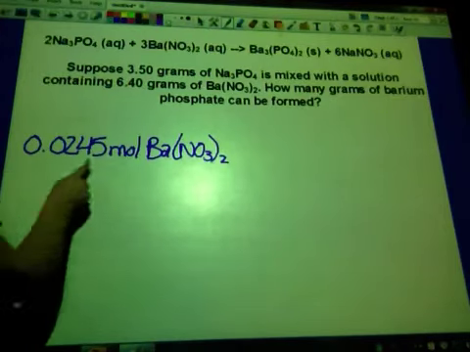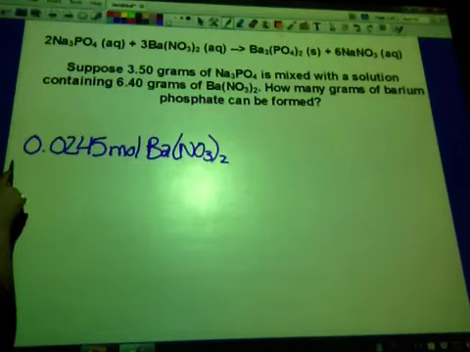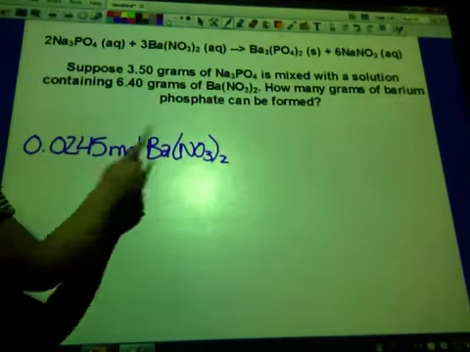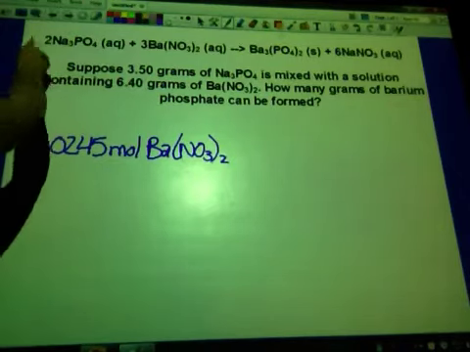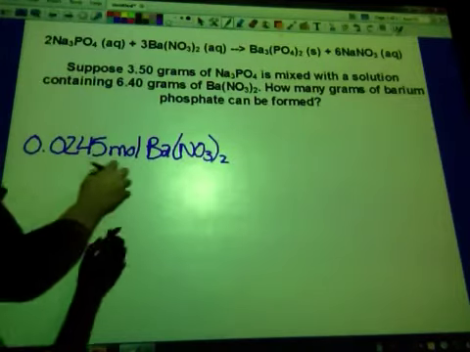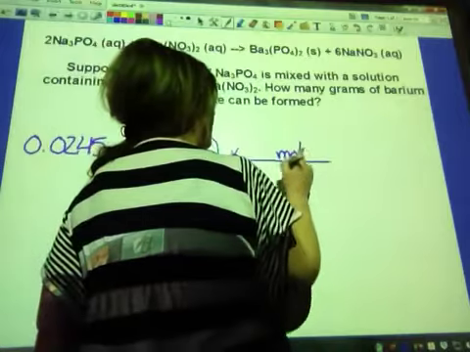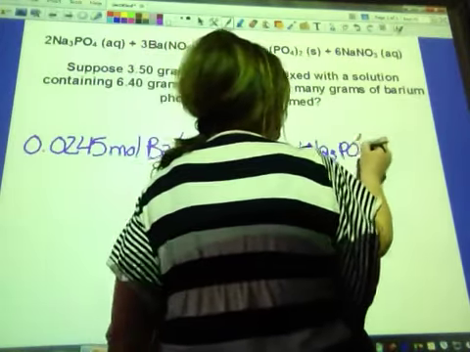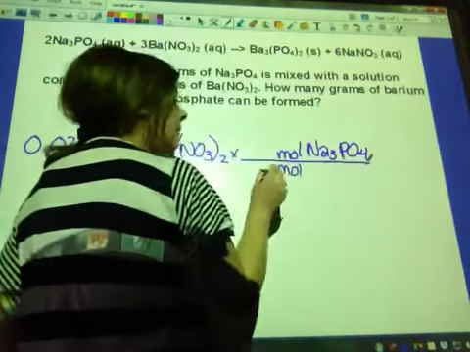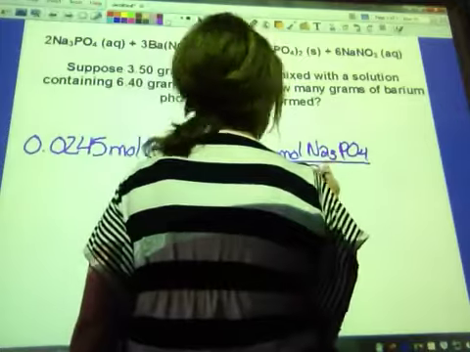So again, I found this number by doing this process up here. We found that we had 0.0245 moles of barium nitrate. I want to convert that to moles of sodium phosphate because that's my excess reactant. To do that, I'm going to set up a mole ratio. And the reason we're doing this is because I want to know how many grams of sodium phosphate were used in this reaction.